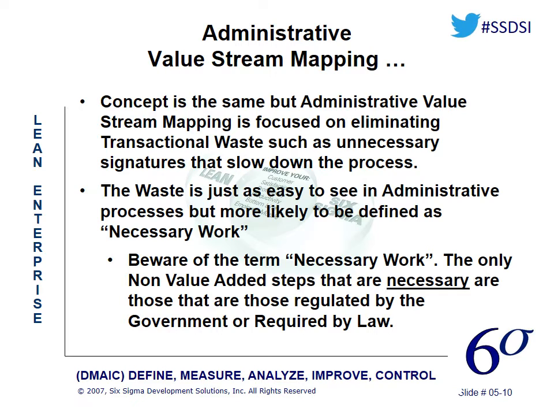Now, when you get into a manufacturing process, you're looking at more of the dimensional attributes of a part. A widget has to be so many inches high, so many centimeters deep, so many centimeters wide. But in administrative value stream mapping, we might be looking at things like changeover, cycle time, etc.